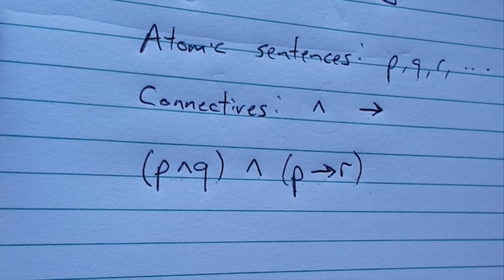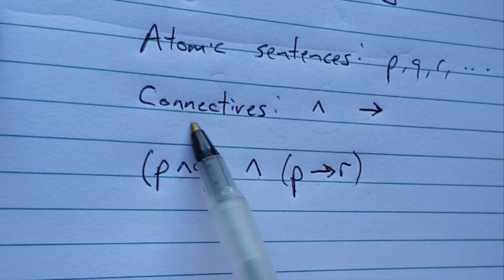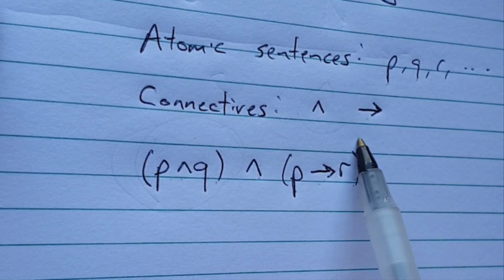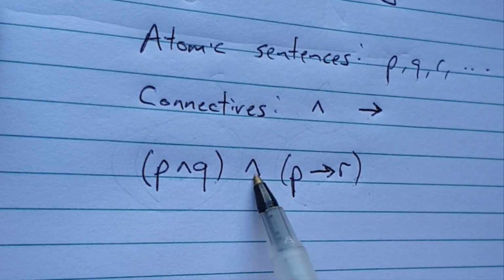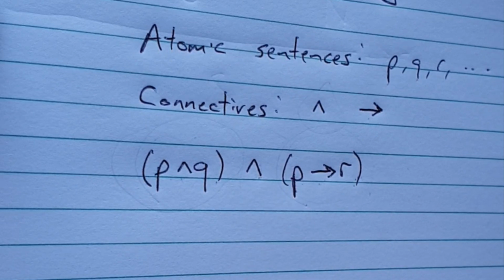That's not really important. What's important is that you see how to write it down and how it all comes together, right? So we've taken these two sentences now, the sentence P and Q and the sentence P implies R, and we've used a conjunction to combine those sentences together.